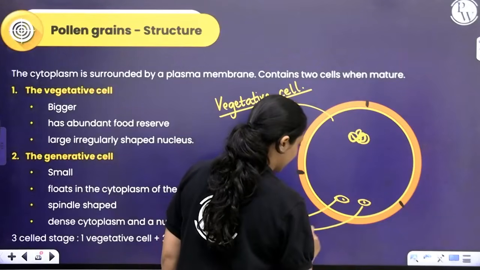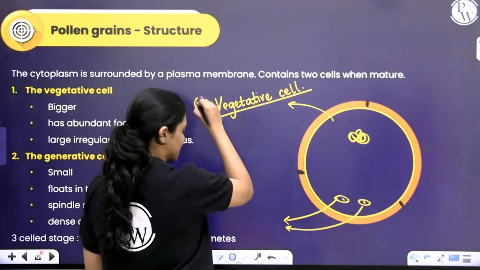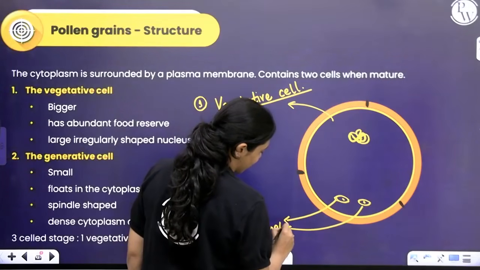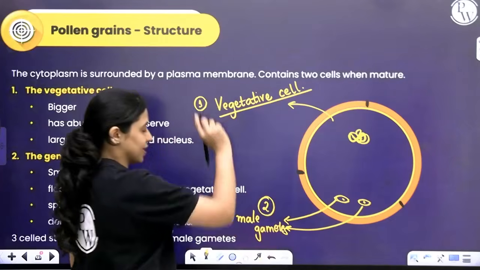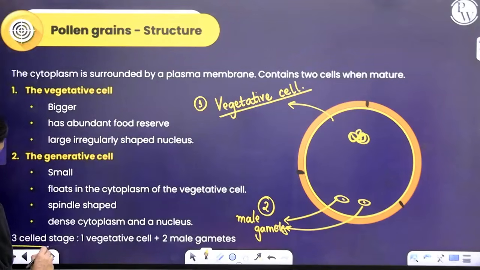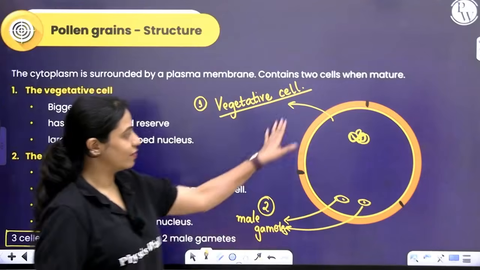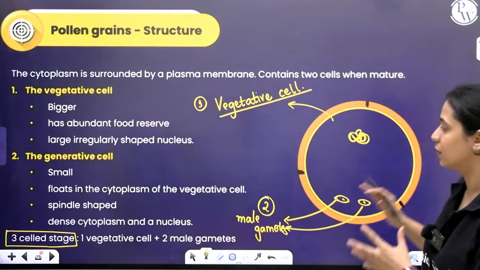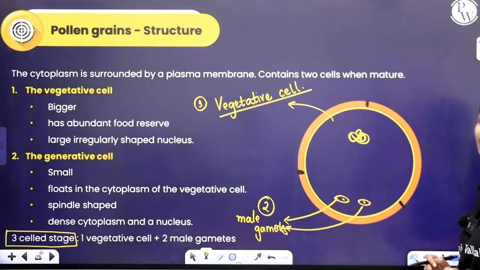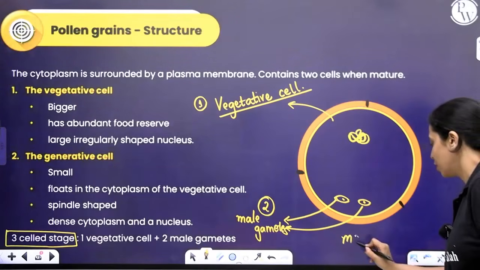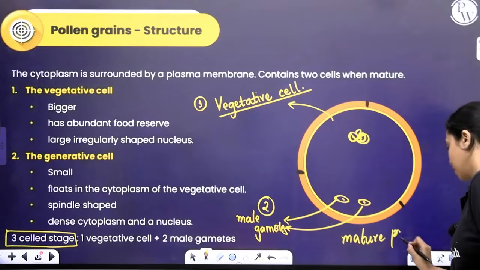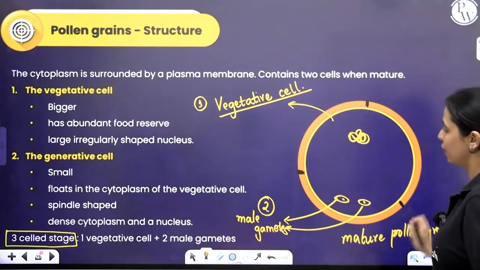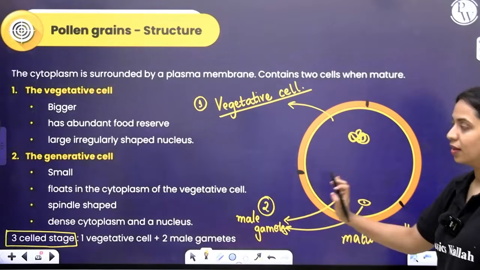Whenever within the pollen grain there is one vegetative cell and two male gametes, a total of three cells, you call it the three-celled stage. In the three-celled stage, you have one large vegetative cell within which there are two small male gametes floating. Overall, in the pollen grain, you have three cells right now. And this is the mature pollen grain or gametophyte, because right now it has fulfilled its job to produce the male gametes.